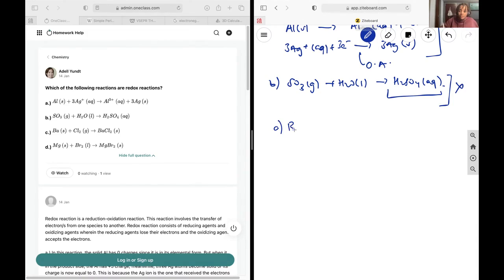Next up, I'm going to study C. Okay, so this is not a covalent product, and so I can't immediately say that it is not a redox reaction, so I just need to analyze what's happening. So Ba and BaCl2, that becomes Ba2+.